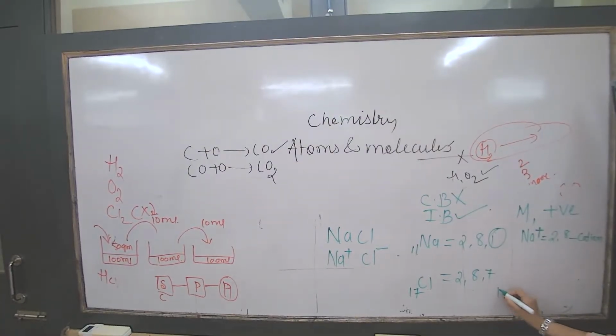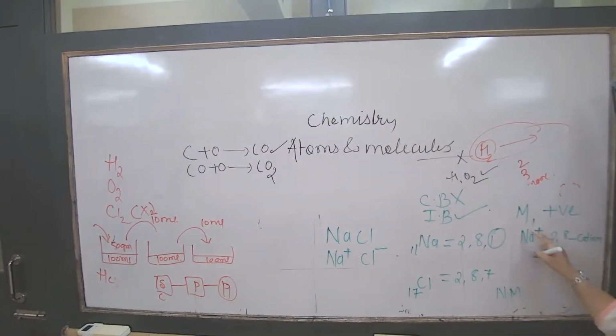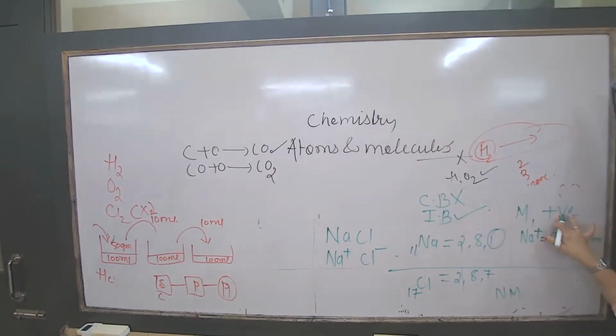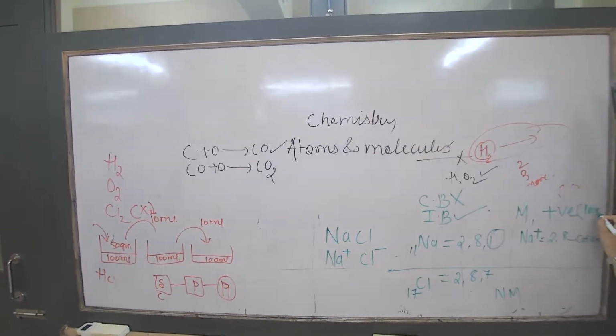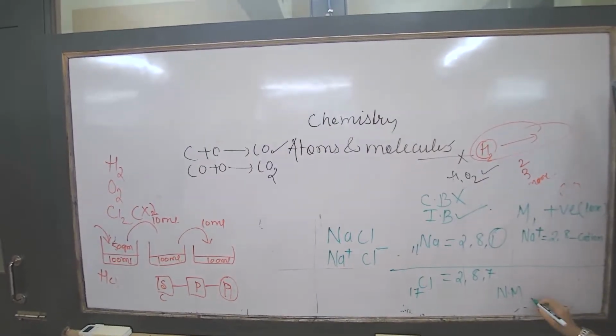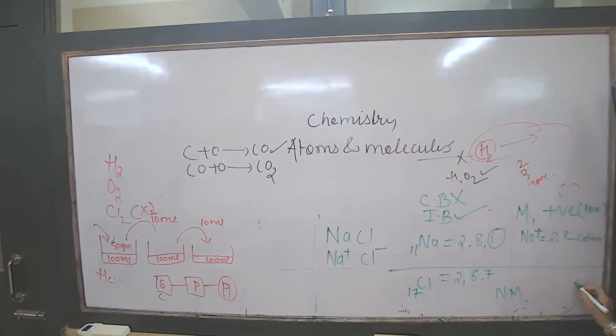So this is non-metal, non-metal, metal, non-metal. A non-metal has the property opposite to a metal: here it is loss, so what will be here? Gain.